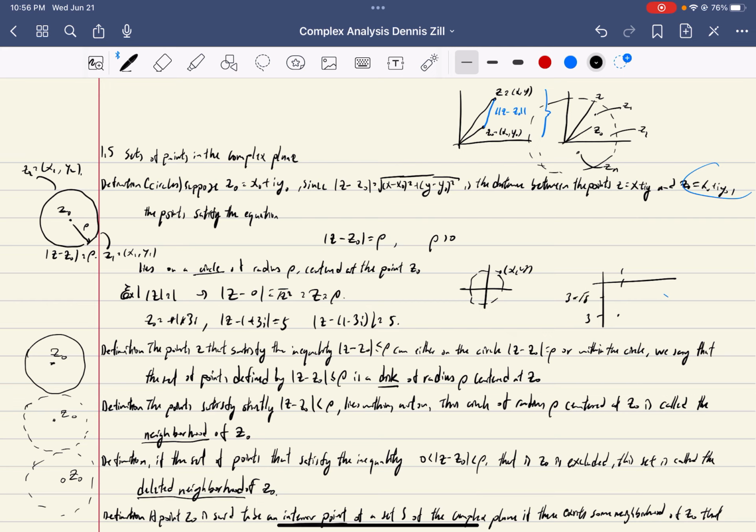I'm sure you can simplify, but this is how much it is already. Now you want to draw a circle that corresponds with this equation: |z − (−1 + 3i)| equal to 5.